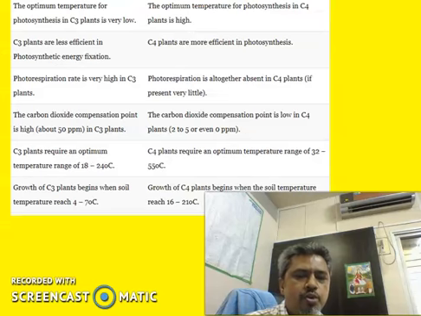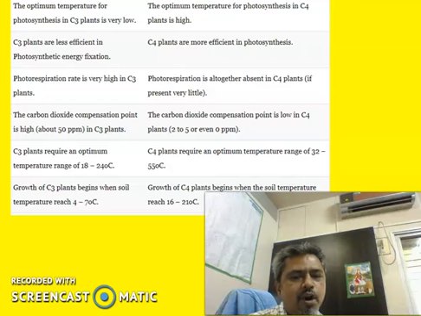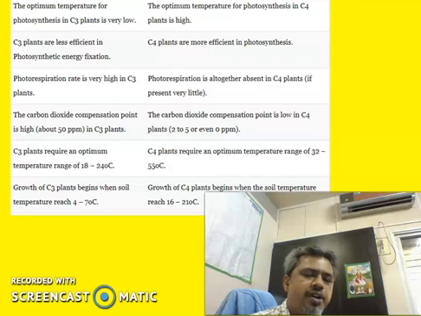Same we continue. The optimum temperature for C3 plant is very low. The optimum temperature for proper growth or photosynthesis in C4 plant is higher. C3 plants are less efficient. C4 are more efficient in photosynthetic energy fixation. Photorespiration rate is very high in C3 and altogether absent in C4 plants.